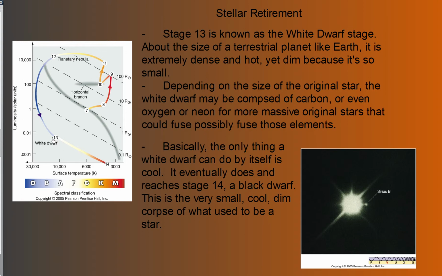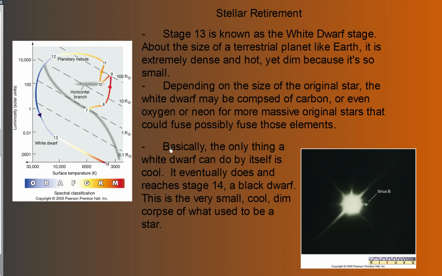As you can see, the temperature is extremely hot, and even though it's hot, it's pretty dim because it's so small. And depending on the size of the original star, the white dwarf may be composed of carbon or even oxygen or neon for more massive original stars that could possibly fuse those elements together. We'll look at that in a little more detail in a bit.